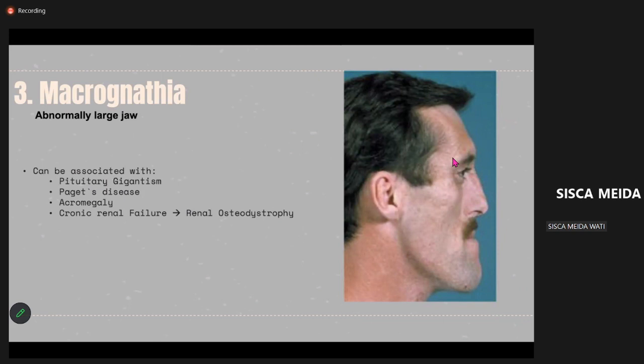And most macrognathia has a strong relation with the overexpression of some growth factor or growth hormone, like in pituitary gigantism, and also it has a strong relation with pancreatitis, acromegaly, and some metabolic disorders like chronic renal failure.